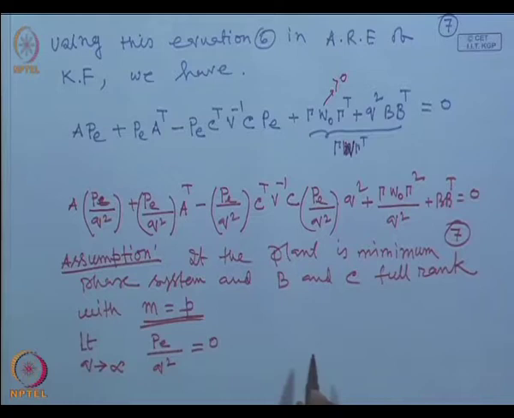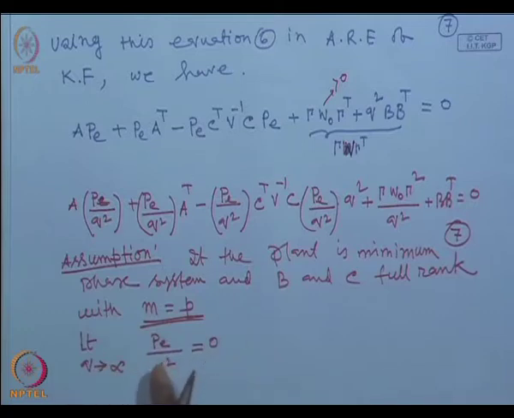Why? The way we are increasing q, P E is increasing more slowly than the covariance matrix q is increasing. Which in turn, when q is very large, that will tend to 0.